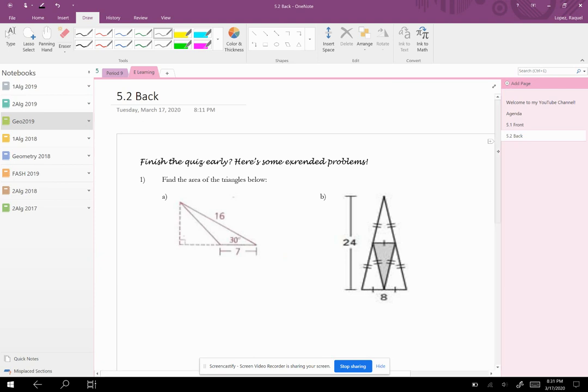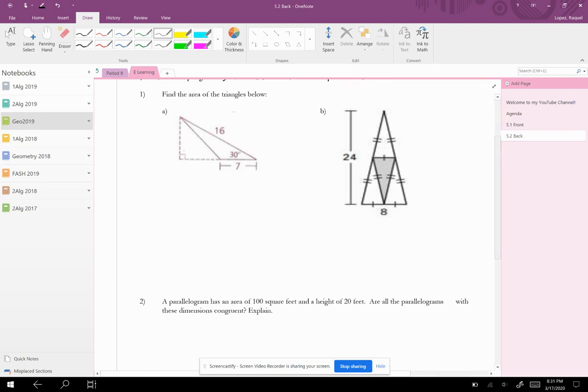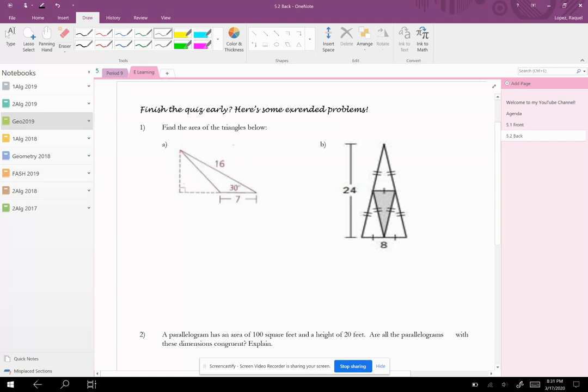So what I want you guys to do right now is let's go ahead and focus in on 1A. So for 1A, I want to draw your attention to the triangle that I'm highlighting in yellow.